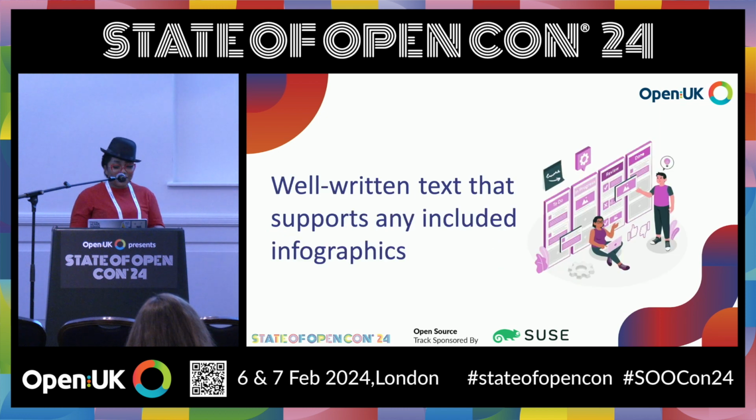And then well-written text that supports any included infographics. I mentioned this. If you're including graphics, it's very, very important. A lot of people feel that when they include so many images, it makes the document look nice. But there are a lot of things attached to using images in your documentation. So it shouldn't be too much. It should only be used where it is necessary.